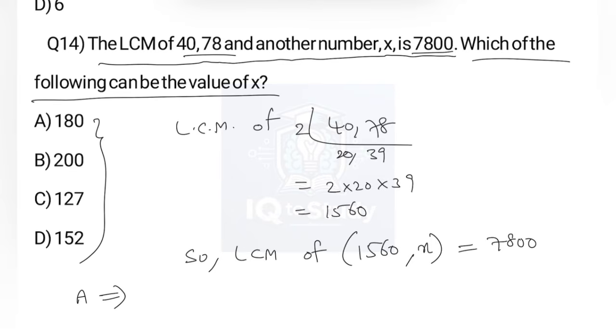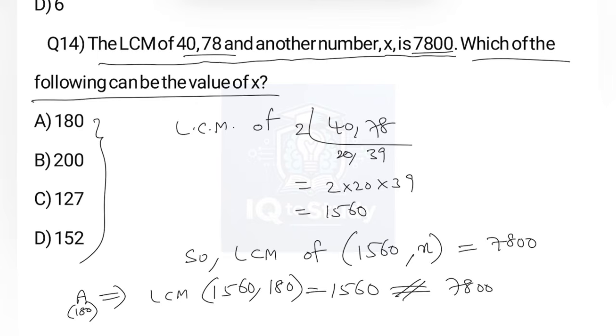Let's take option A, 180. If we take LCM of 1560 and 180, the LCM is equal to 1560. So, it is not equal to 7800. So, option A is wrong.